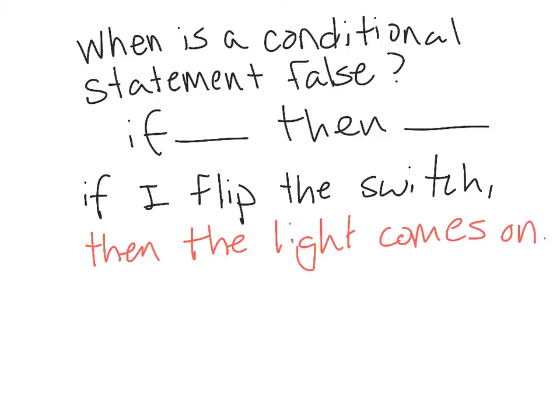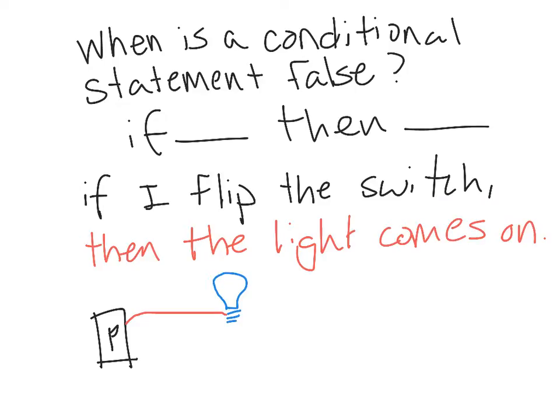Right. So imagine here's my switch, and here's my light bulb over here, and suppose there's a wire connecting them. In the event that I flip the switch and the light comes on, then this statement is true.